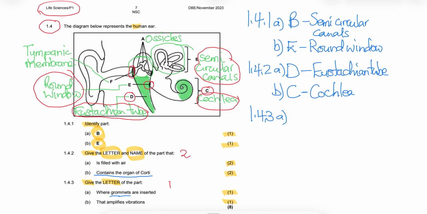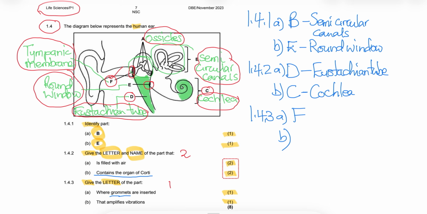So where are they inserted? They are inserted in the tympanic membrane. We've already identified it, and it is this one, but they want the letter, so we're going to write the letter only, which is F. We move on to question B. It's asking us for that part of the ear that would amplify the vibrations, and that part is the ossicles.